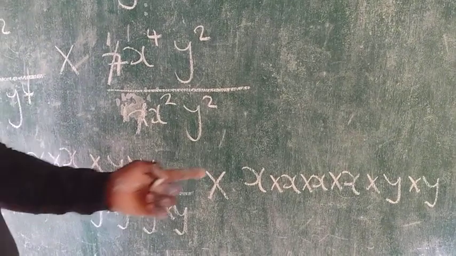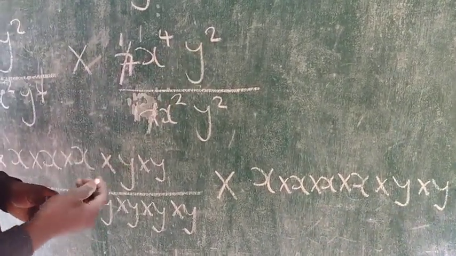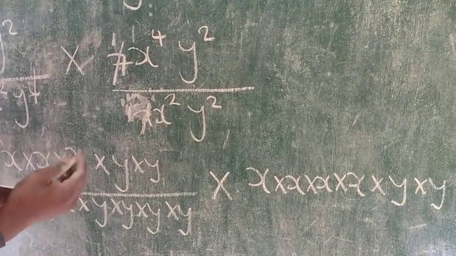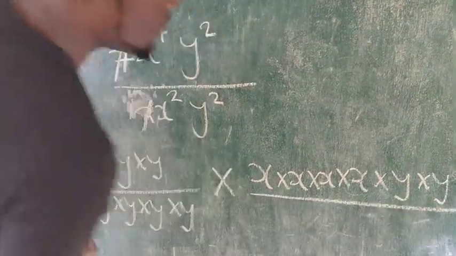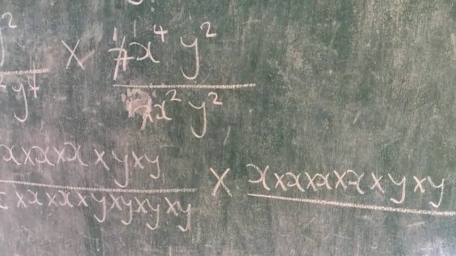The reason I say y times y is that y is squared, meaning y was multiplied by itself twice.